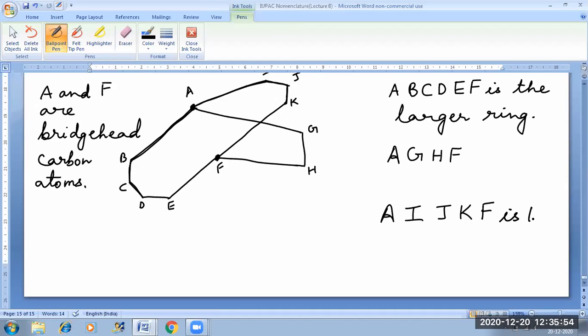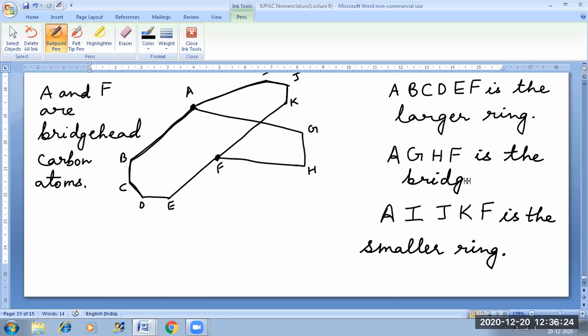This is the smaller ring. Why? Because AIJKF has more atoms. Then what is AGHF? Clear?